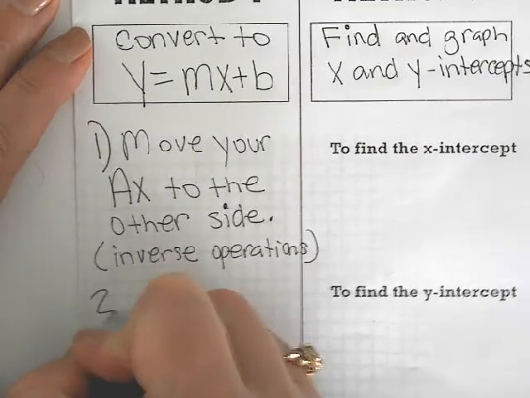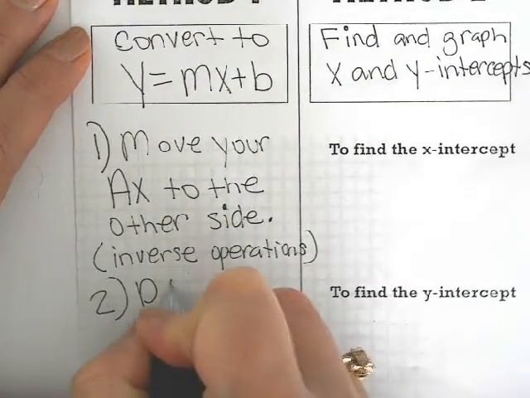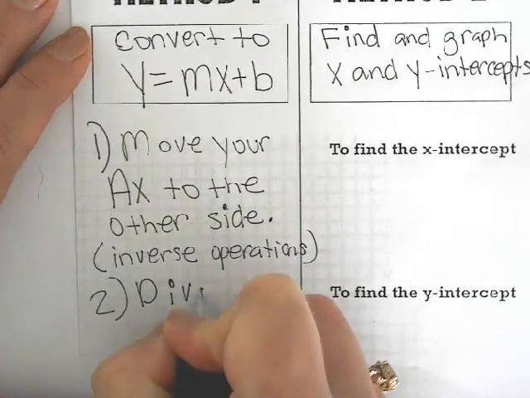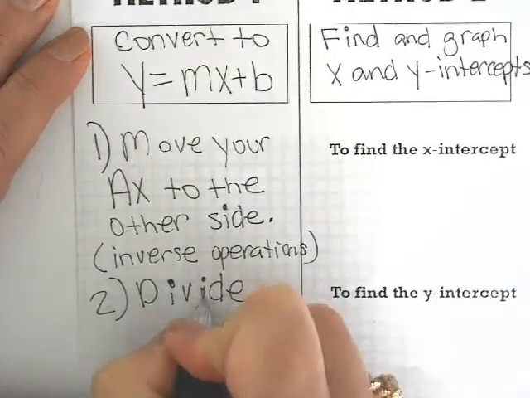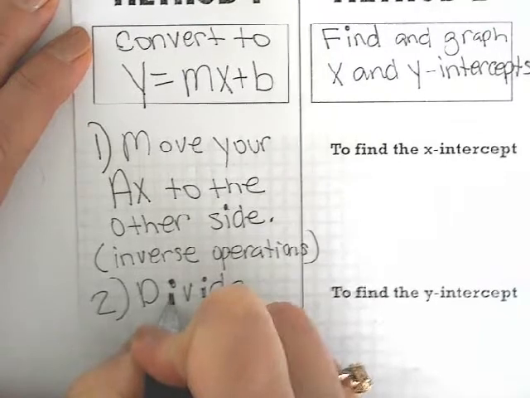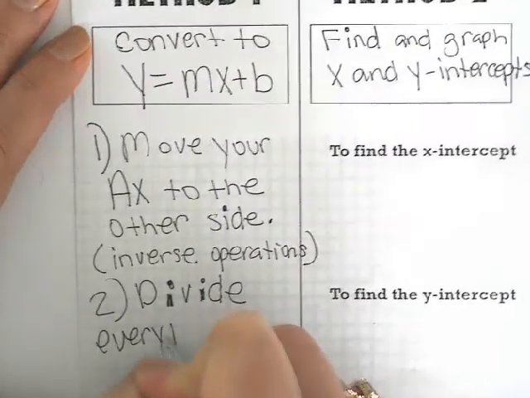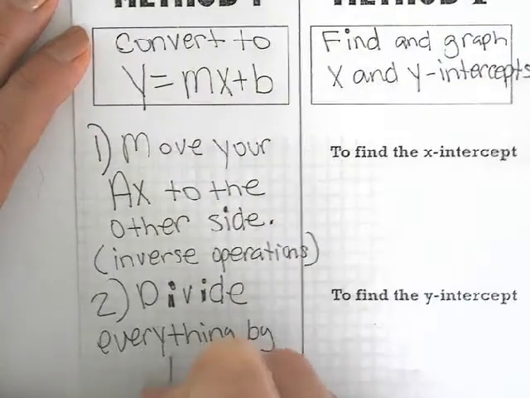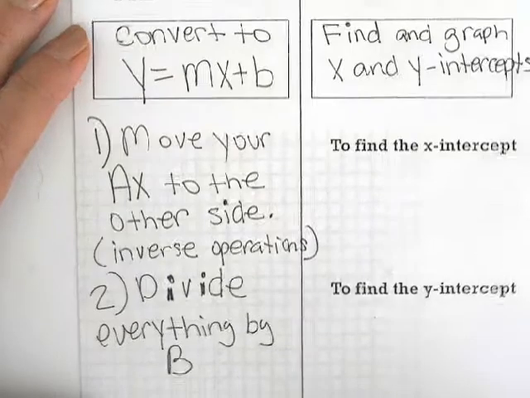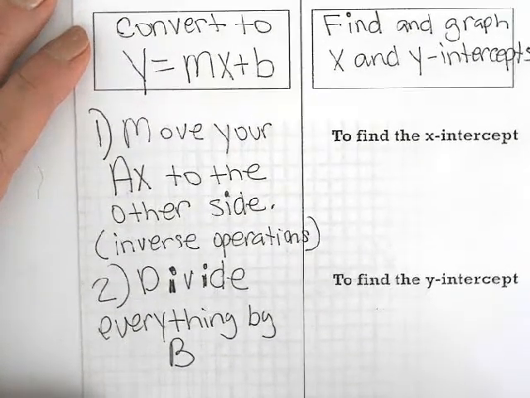Step two, divide everything by b. So whatever's next to y, like if there was a 2y, you divide everything by 2.